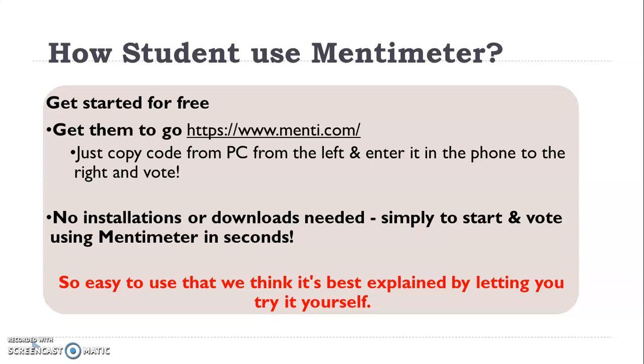Just tell them to copy the code on the screen and enter it into their phone and simply vote. No installation or download needed. Simple to start and vote using Mentimeter in seconds. It's so easy to use that we think it's best explained by letting you try it yourself.